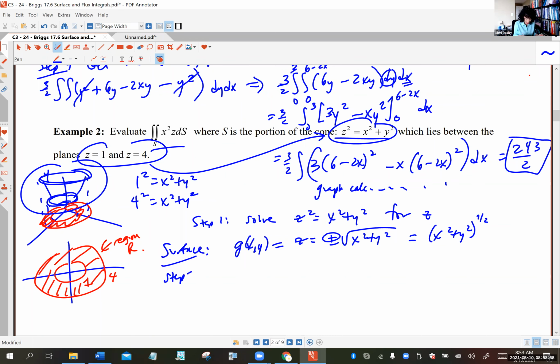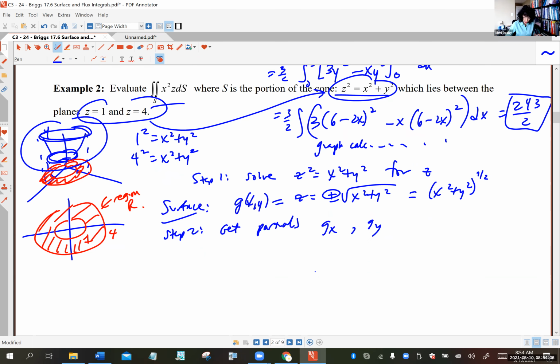So step 2 is get the partials. So this is not going to be fun because we're going to need the chain rule. So when you use the chain rule and take the derivative of x squared plus y squared to the 1/2 power with respect to x, careful, I get that.